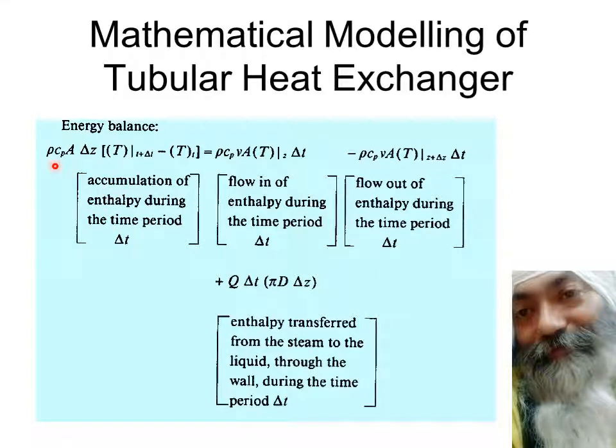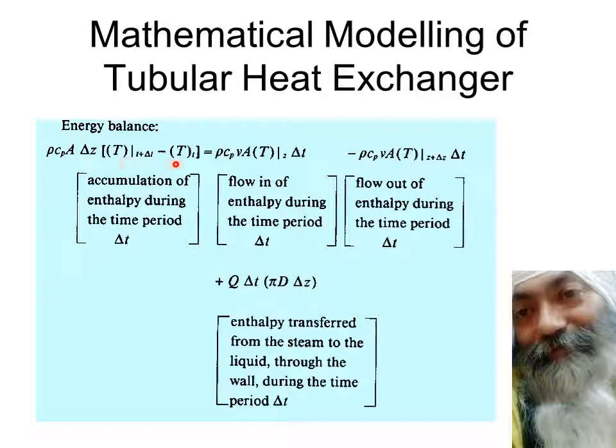The mass will be the area of the cross section of the inner pipe, multiplied by delta z, that is the volume of that region, multiplied by rho. So rho into volume is mass, multiplied by the specific heat or heat capacity, as it's known in this textbook, Cp, and into the rise in temperature.